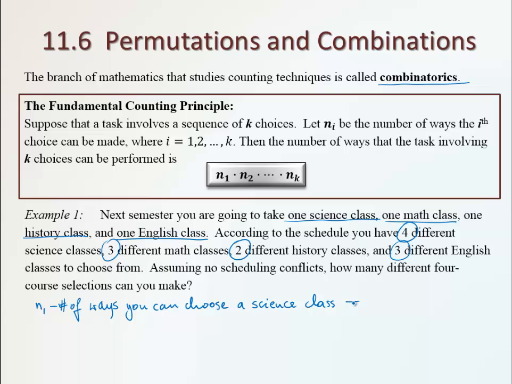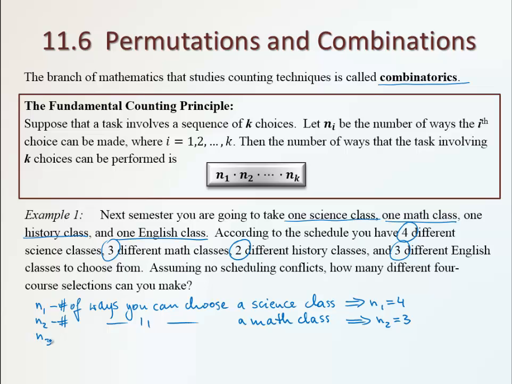Therefore, N1 equals 4. Let N2 represent the number of ways you can choose a math class. Well, this is 3 possibilities because there's 3 different math classes offered. So N2 is 3. And so on.